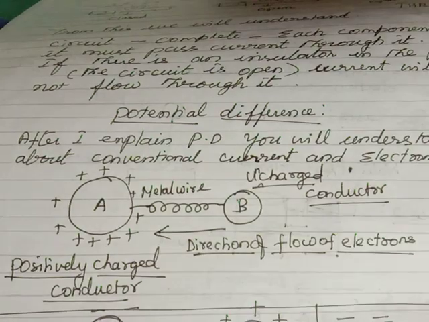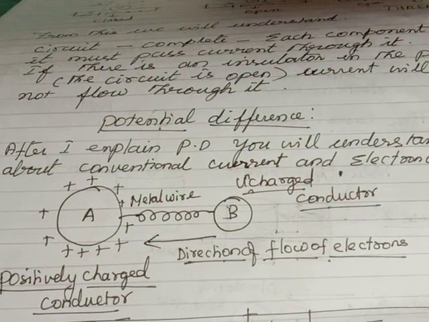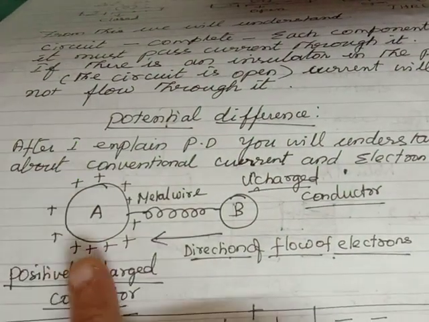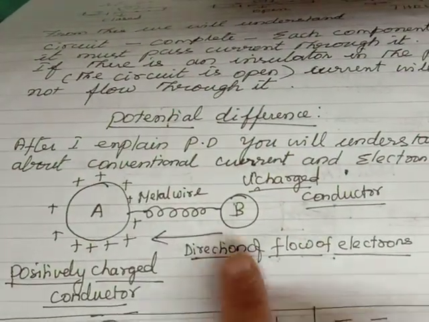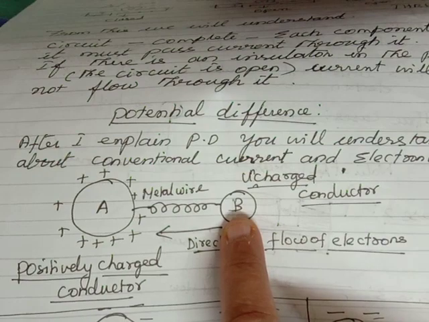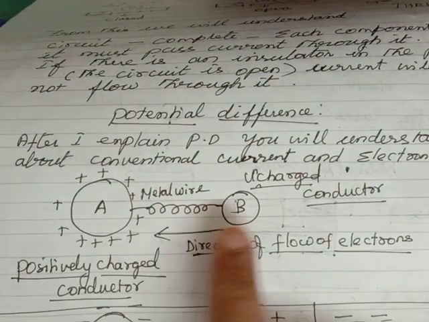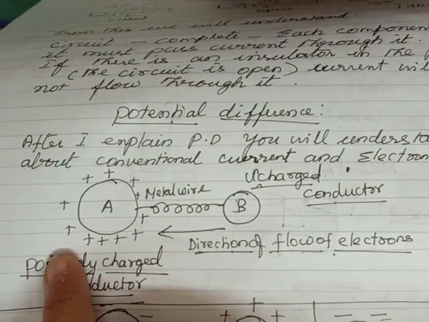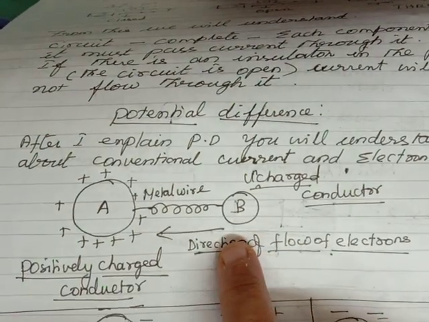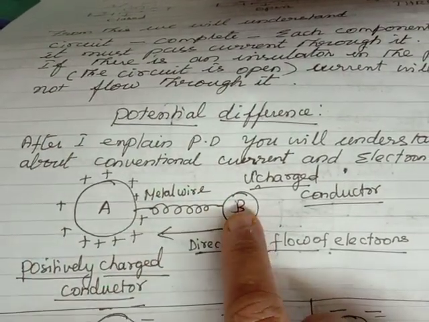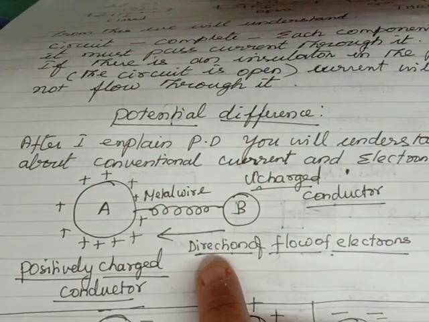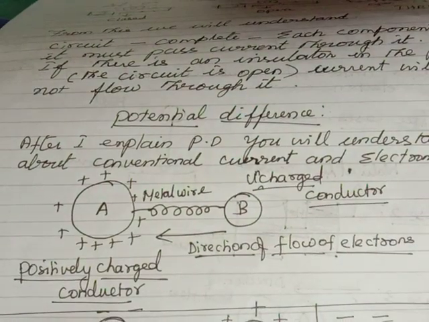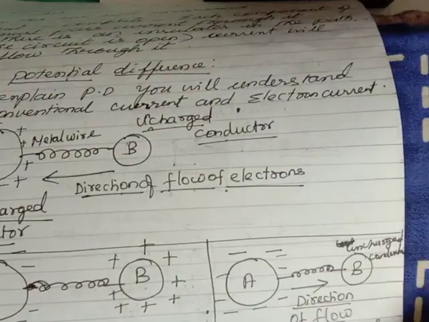The uncharged conductor means it will consist of an equal number of some amount of electrons. But when you compare these two, body B will have a better number of electrons than body A. So what happens? The electrons will flow from B to A. Did you understand? Even though B is an uncharged conductor, electrons will flow from B to A because B consists of some amount of electrons.